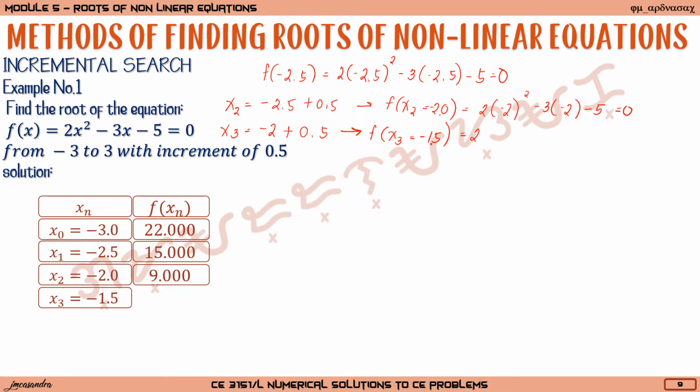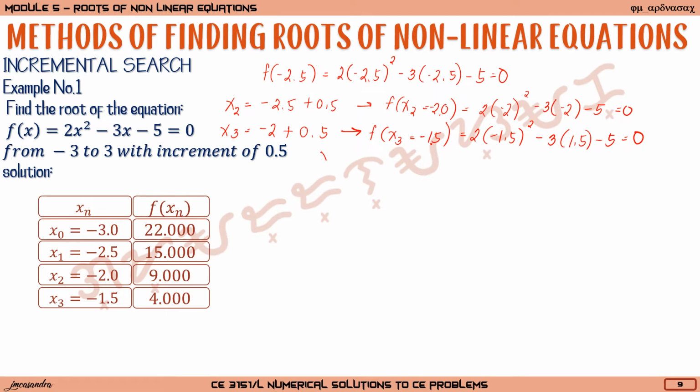Substituting, we'll get 2 times (-1.5) squared minus 3 times (-1.5) minus 5, or f of -1.5 will give us 4.